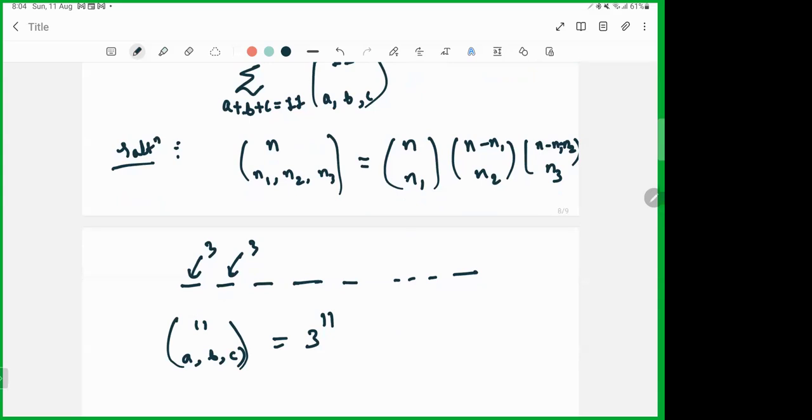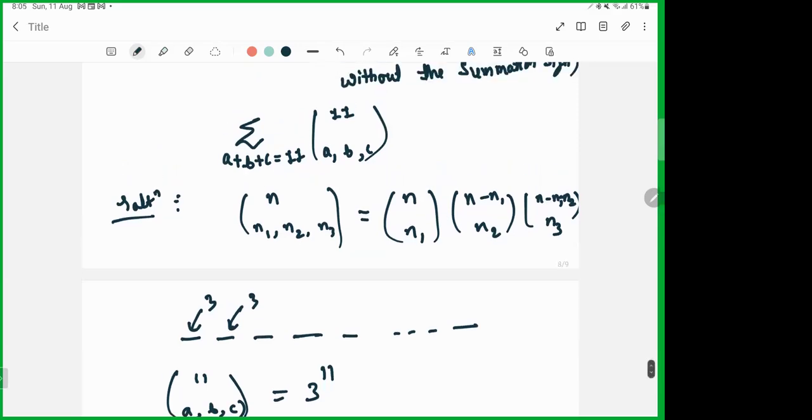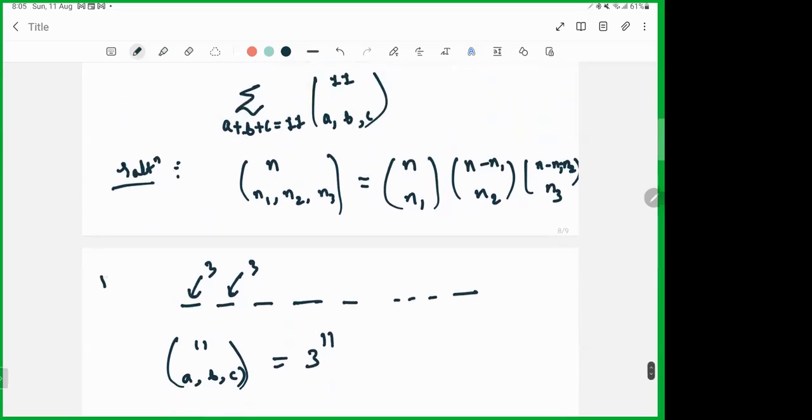Is this clear? If not, tell me. I'm not saying this summation value. I'm just giving you the 11 choose A comma B comma C value, such that A plus B plus C is 11.